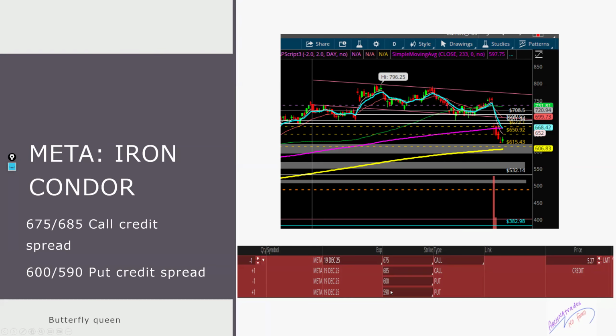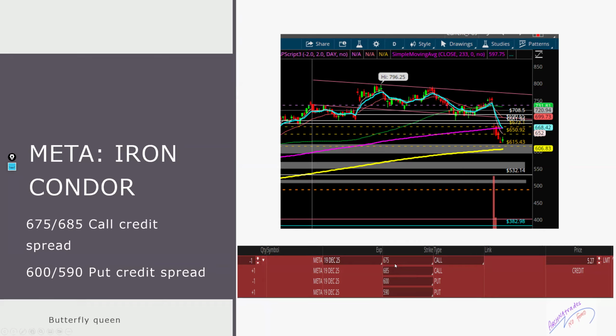And if you did that yesterday, right? 675, 685 call spread you sell, and 600, 590 put spread you sell, you are getting a $5.27 credit. Okay. Meta cannot be up at the same time and down at the same time, right?